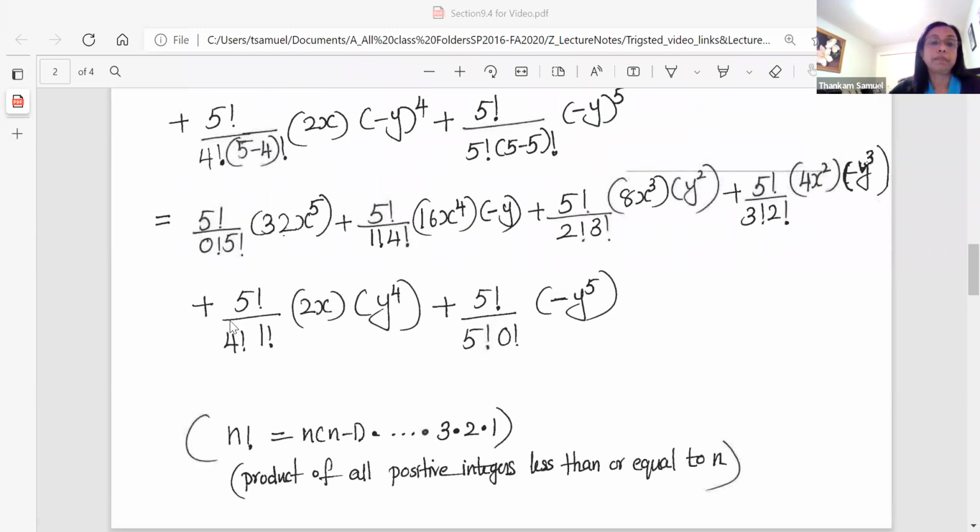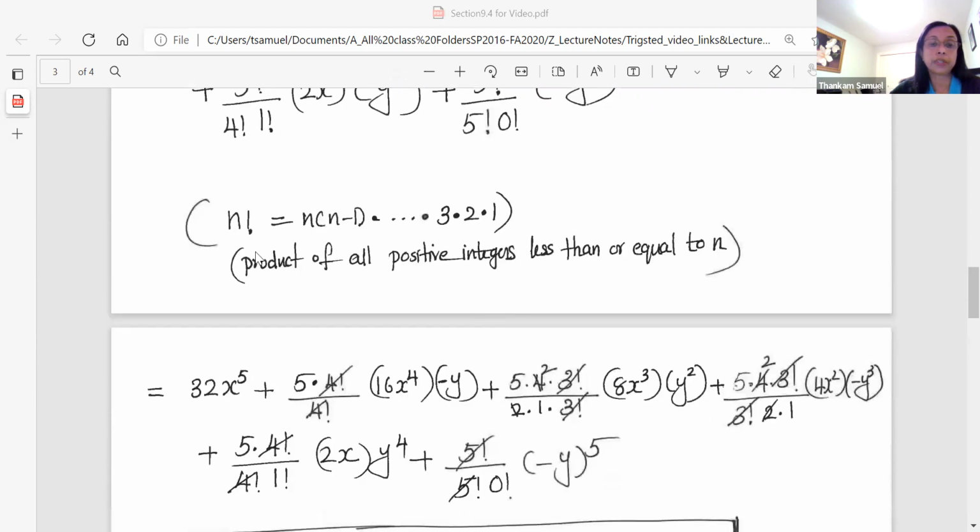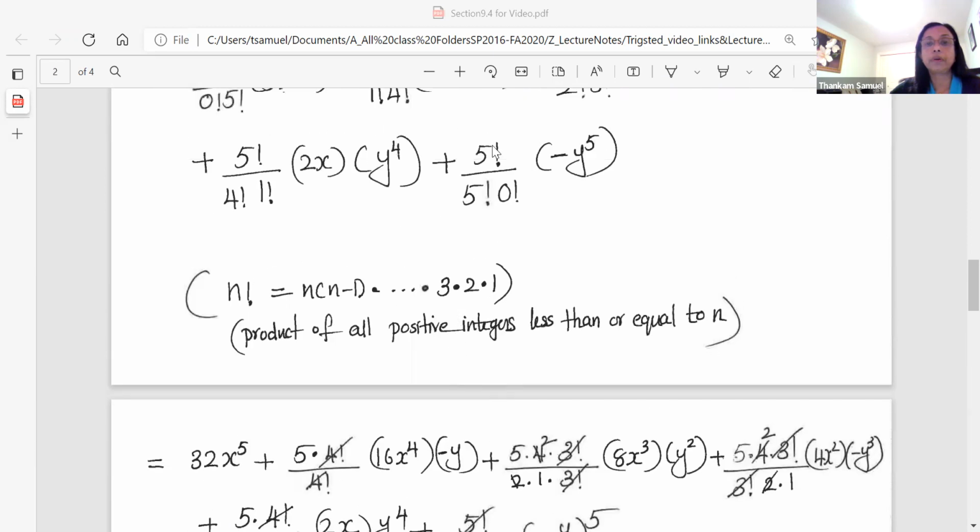Then look at this term. This is 5 factorial over 4 factorial times 1 factorial. You can write 5 factorial as 5 times 4 factorial, and the 4 factorial in the numerator and denominator will cancel each other. So after canceling these 4 factorials, you have 5 in the numerator and 1 factorial in the denominator, times 2x times y to the 4, plus the last term.